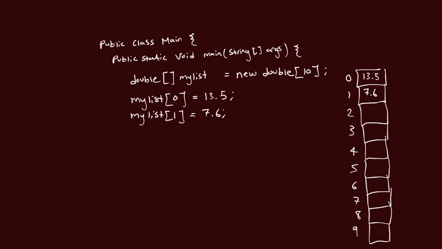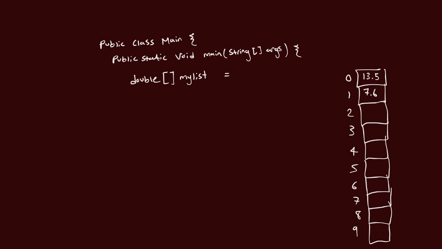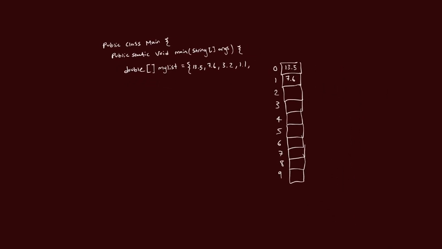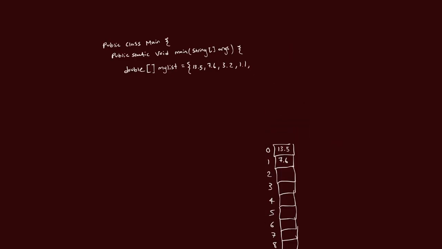Another way you can write this is the following. We do double[] myList, and then we put in the values in this format. I think I may need to move this. Hold on. Okay, I'll move this down here.